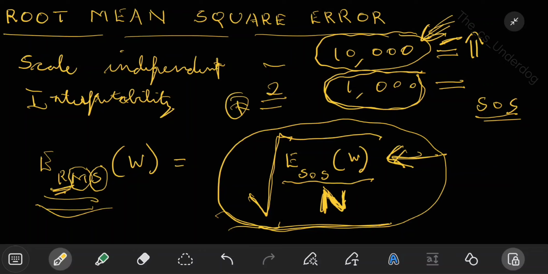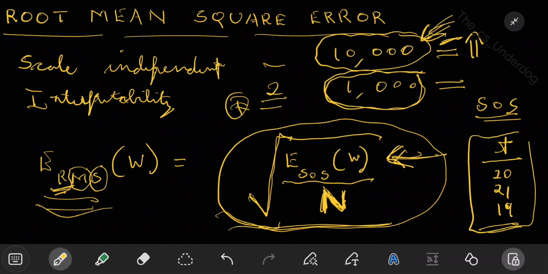So let us say your target value t has values like 20, 21, 19 and so on. If you are taking sum of squares error, your error term will be magnified. But if you are taking RMS, then you are taking the square root of the square, which means ultimately the value of this error is comparable to the value of t.